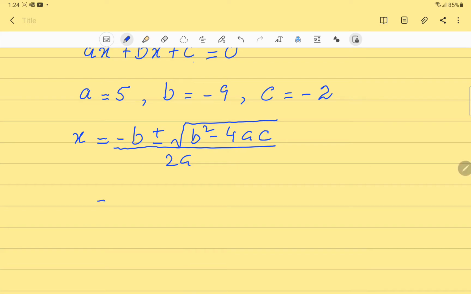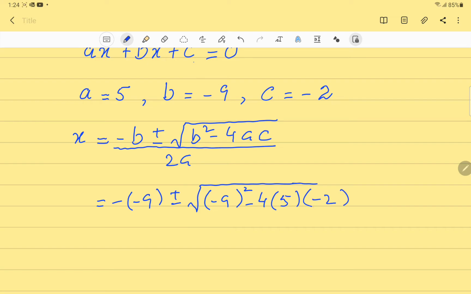So it will be minus into minus 9 plus minus the square root of the square of minus 9 minus 4 into 5 into minus 2, over 2 multiplied by a, which is 5 in this case.